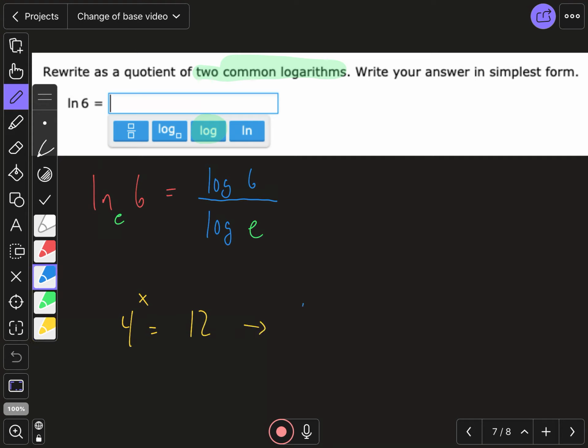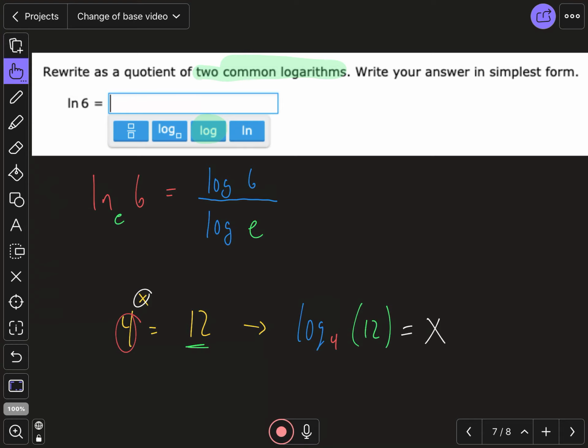And so this would become log, and the base of the power is the base of the logarithm. The answer goes there, and the exponent, since a log is an exponent, is the answer. So that would be written as log base 4 of 12 equals x.